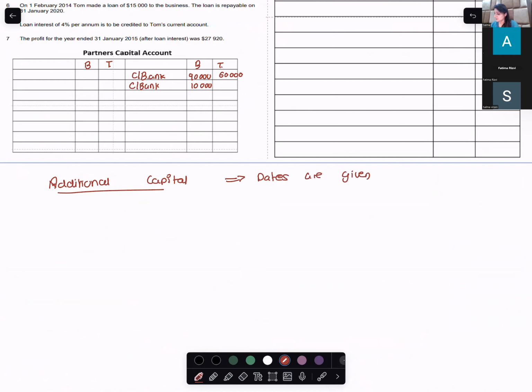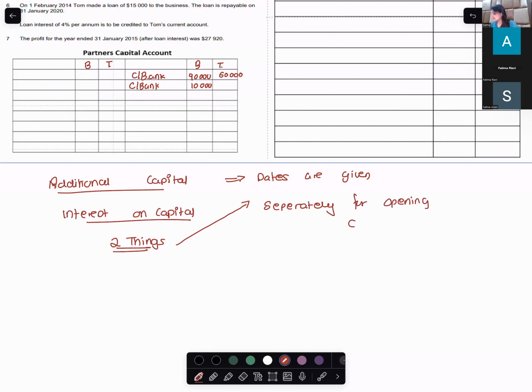In this case, you will calculate the interest on capital separately. For what two things will you calculate interest on capital separately? For opening capital, and separately for additional capital.